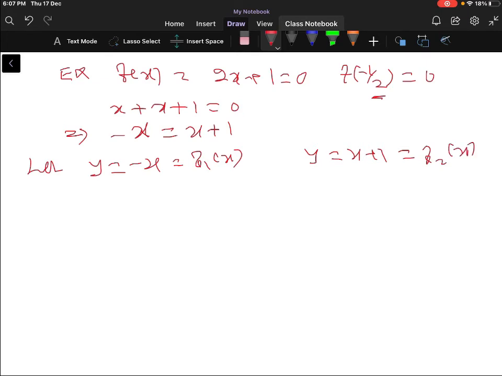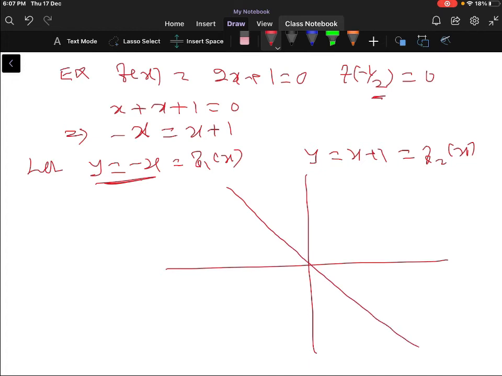Let us draw the graph of the function y is equal to minus x. The line y is equal to minus x passes through the origin; this is the y is equal to minus x graph.